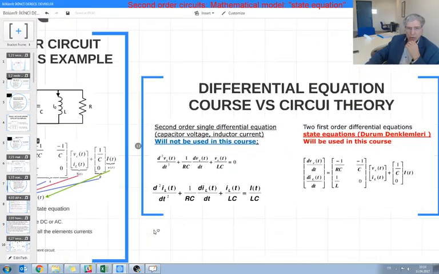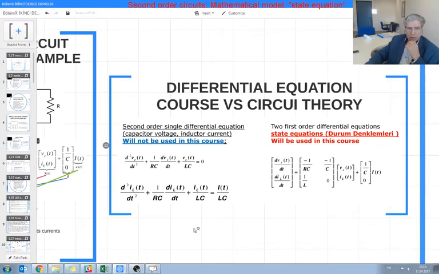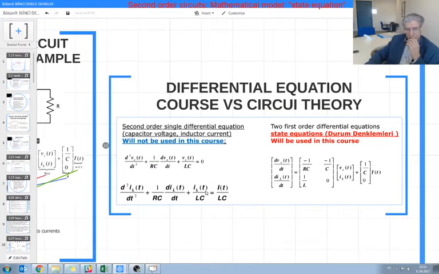There is a comparison here between the circuit theory usage of differential equations and the mathematical usage of differential equations.